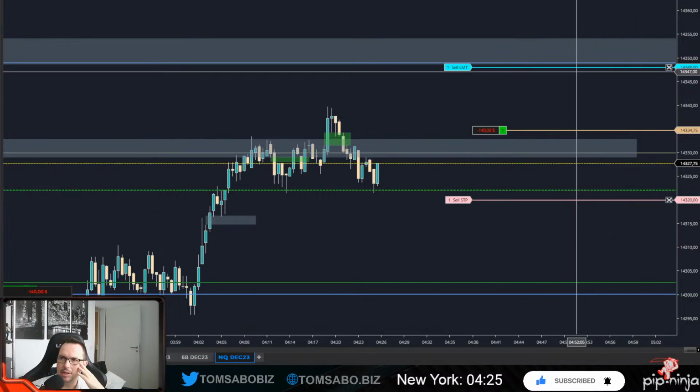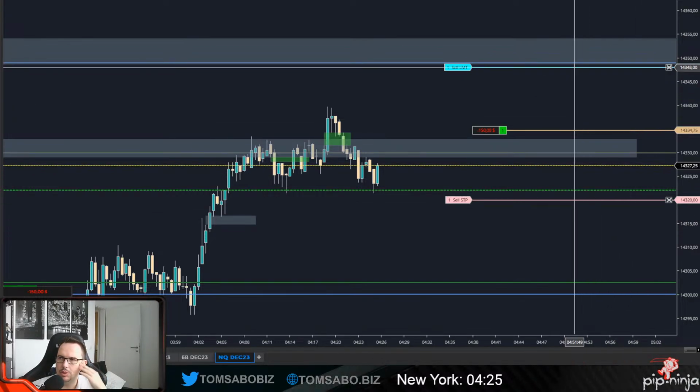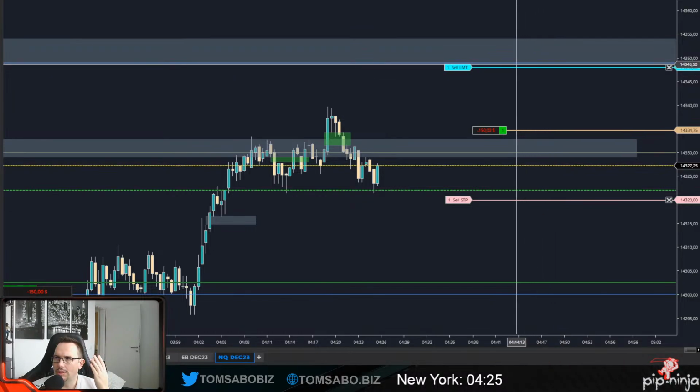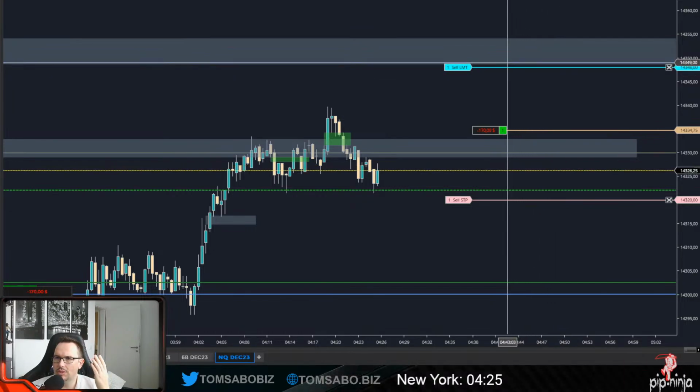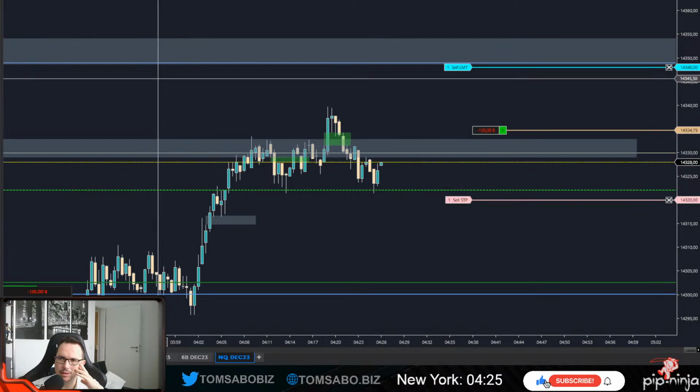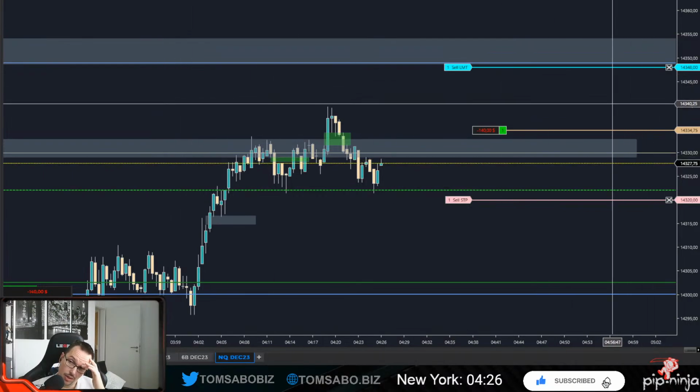I still don't understand why would it not go for the liquidity at 49. This is so obvious on the 15-minute chart. It's just so obvious.